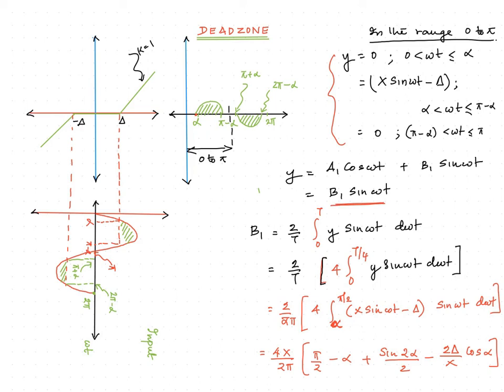b1 can be found using the same rule as applied to the previous case. Integral 0 to T can be written as 4 times integral 0 to T by 4 due to the symmetry of the wave. Hence, we can write b1 as 2 by 2 pi 4 times integral alpha to pi by 2 because it exists only from alpha, X sin omega t minus delta magnitude of y sin omega t d omega t.